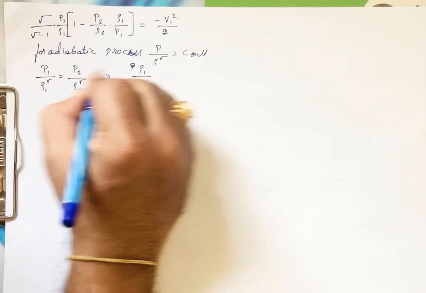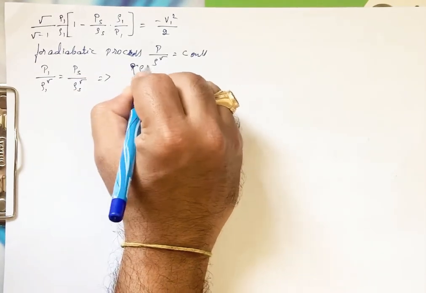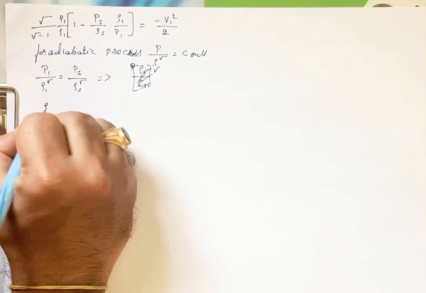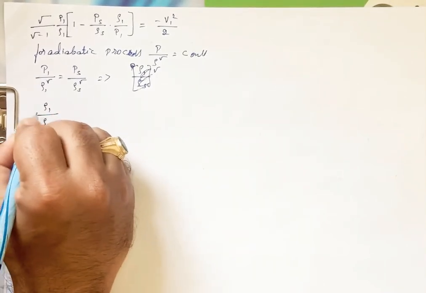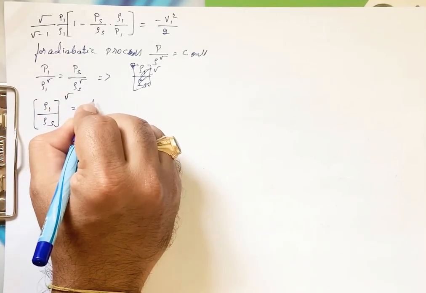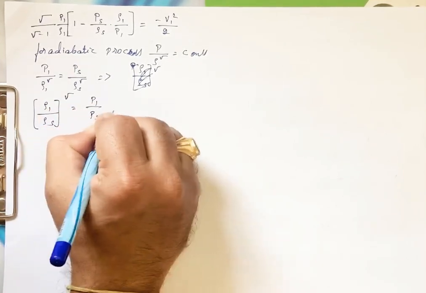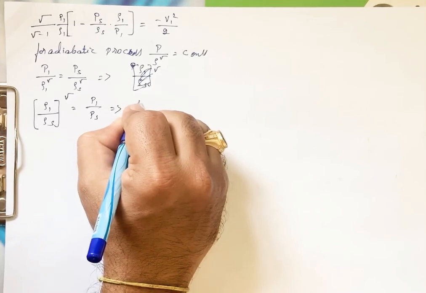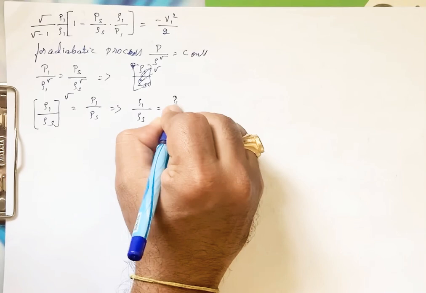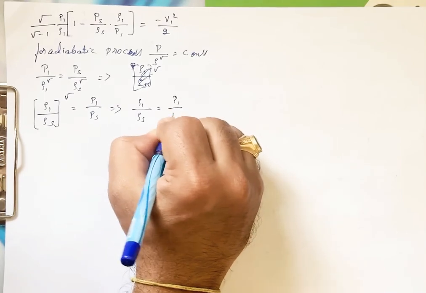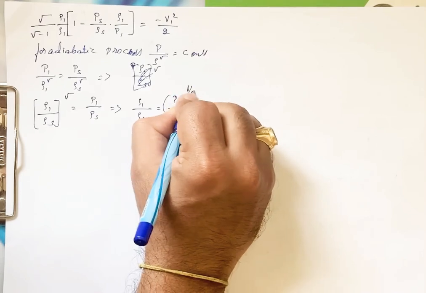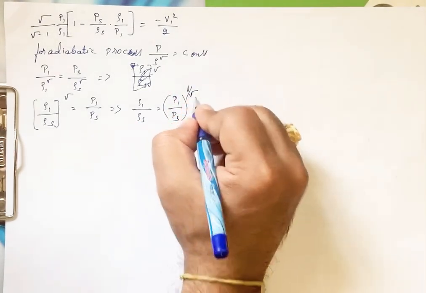Taking this to the other side, raised to gamma, I'll write rho 1 by rho s raised to gamma is equal to P1 by Ps, or else I can write rho 1 by rho s is equal to P1 divided by Ps raised to 1 divided by gamma here.